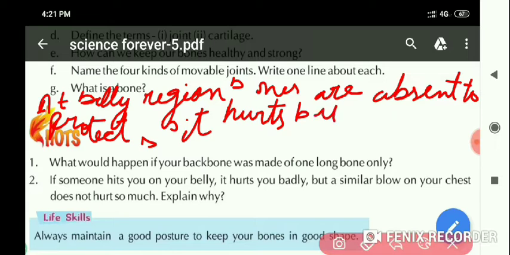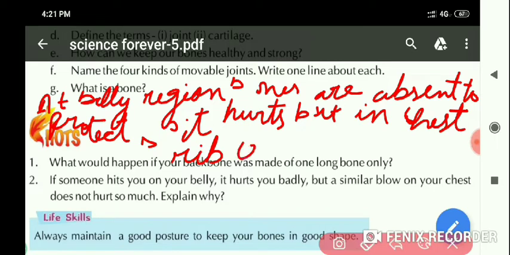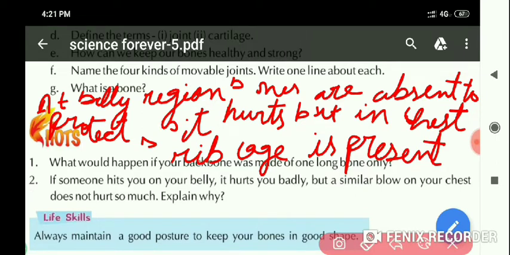But in chest, rib cage is present to protect.